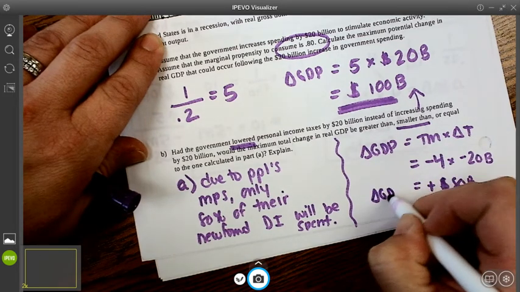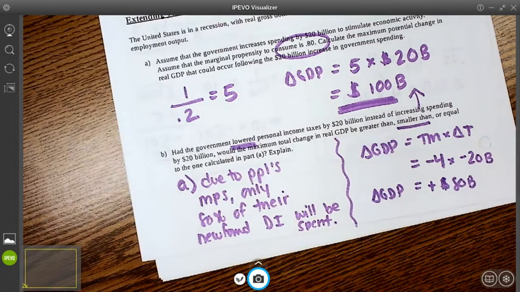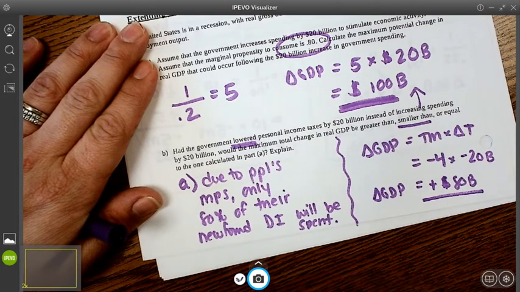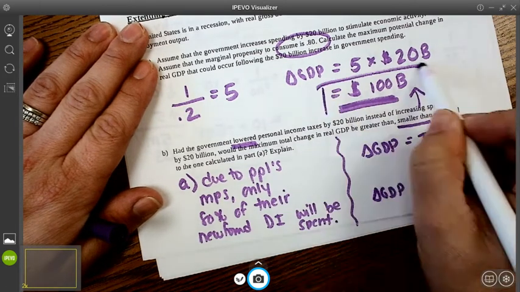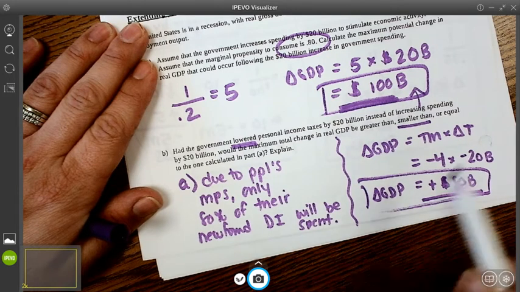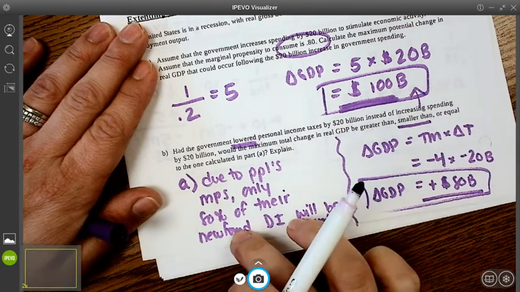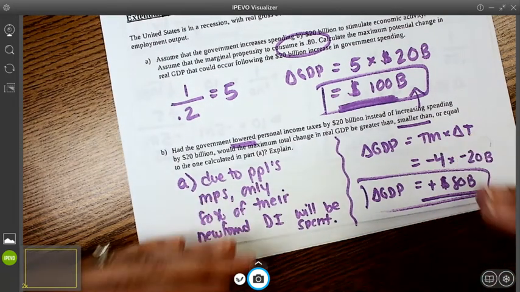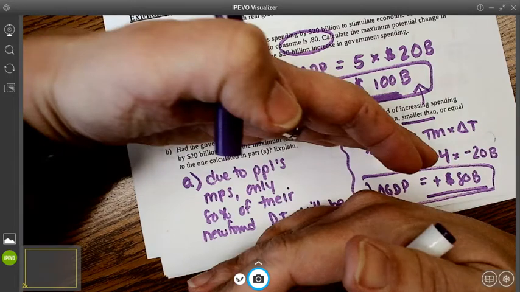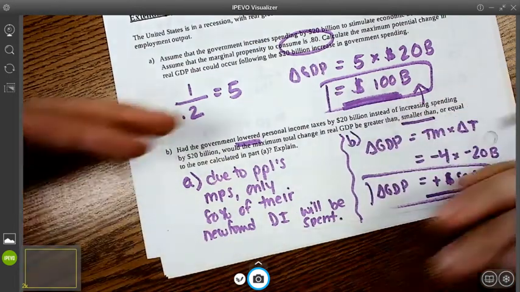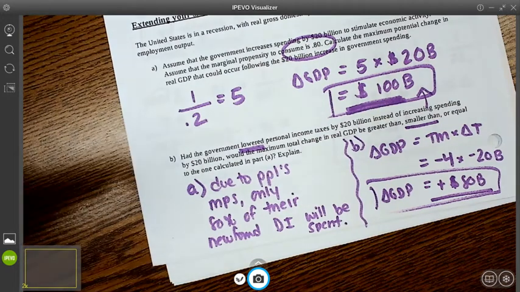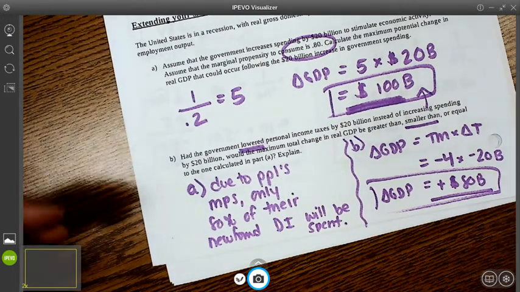So if we cut taxes alone, we can mathematically prove that it would only have a maximum impact of $80 billion upon the GDP, whereas government spending alone would change it by $100 billion. So this is the mathematical answer, and this is the theoretical answer. I don't think either one of them by themselves is good enough. You have to connect these two answers in one articulate response, because you're going to get a 5 on the AP exam, and you get a 5 by having all of the things.